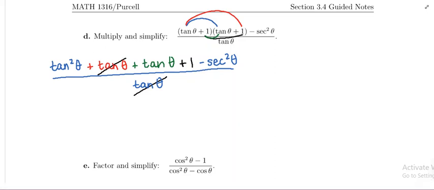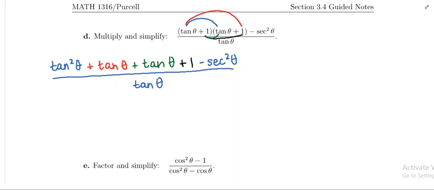That is a big no-no, so don't do that at this point. The numerator is definitely more complicated. When you do this type of stuff, you want to work with the complicated part and get that simplified.